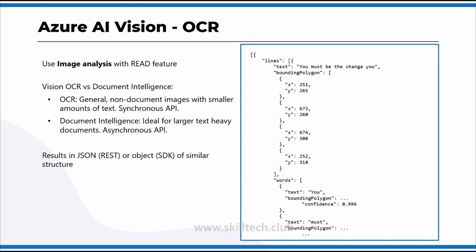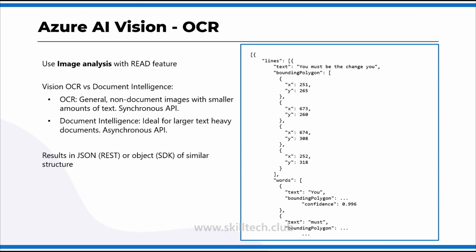not lengthy paragraphs and documents. On the other hand, Document Intelligence is ideal for large, text-heavy documents, and it is an asynchronous API. Also, I want to add that the Document Intelligence service allows you to use customized and pre-built models, where not only are you reading the text, we are also able to identify what kind of form or document it is.